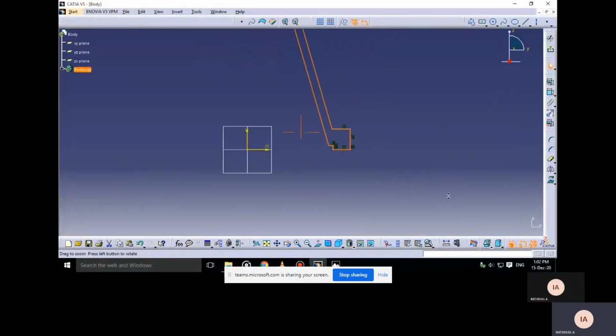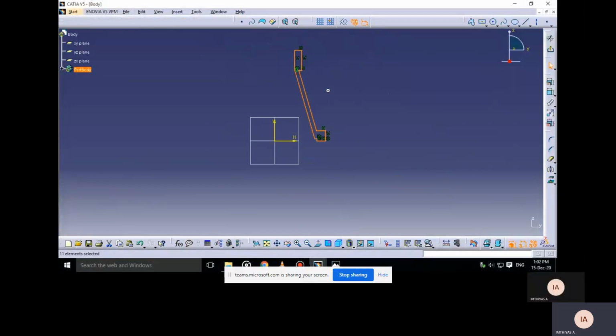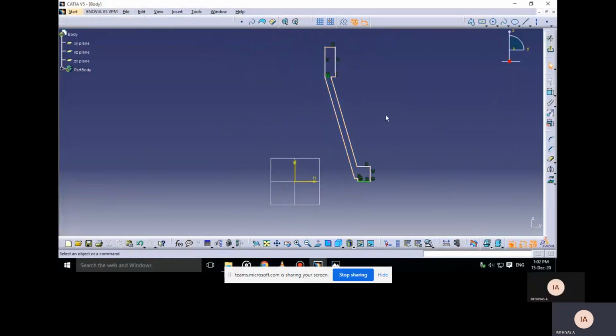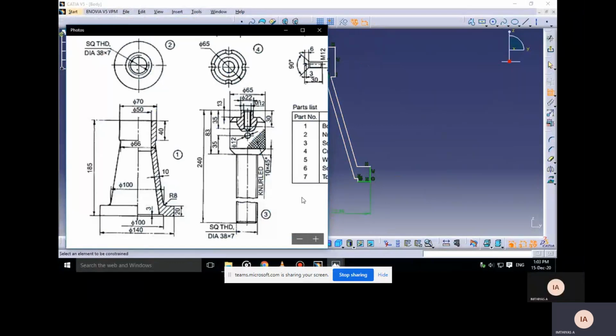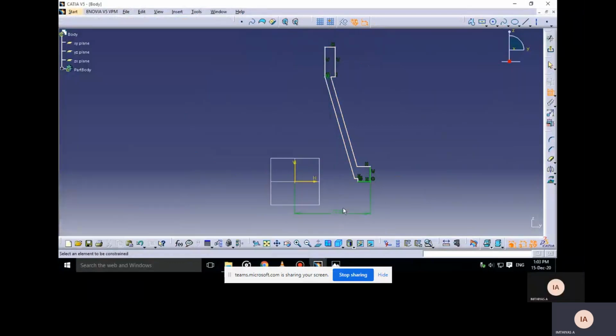The profile will look like that. Now we are going to give constraints and change the dimensions. From center to the outermost end, the diameter is 140, so the radius will be 70.